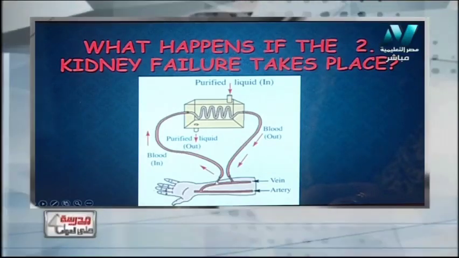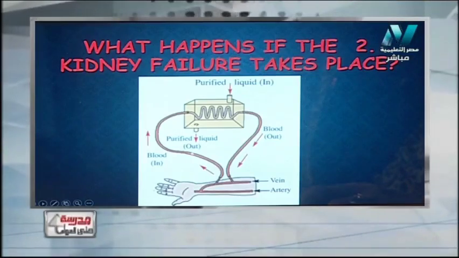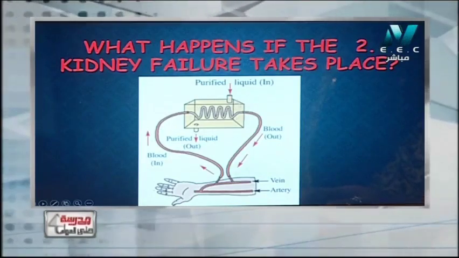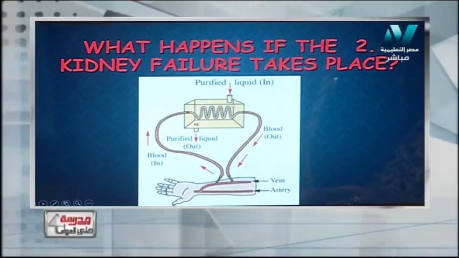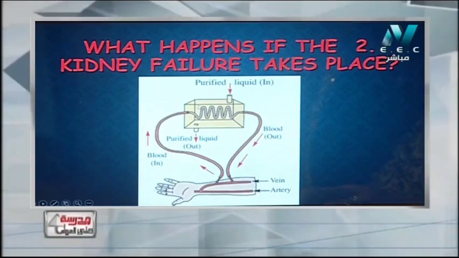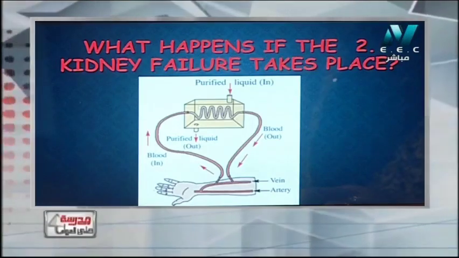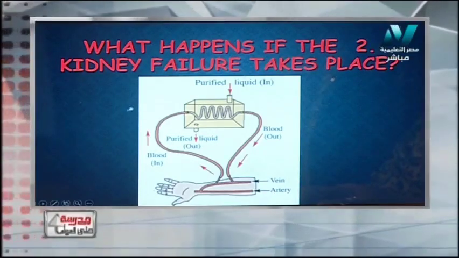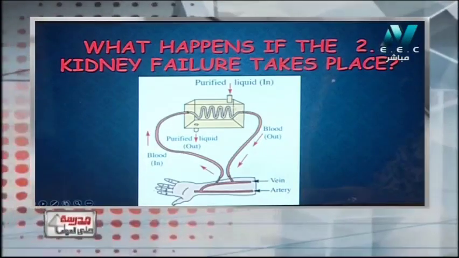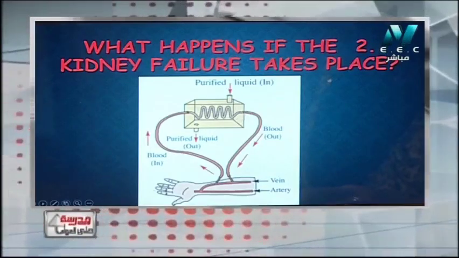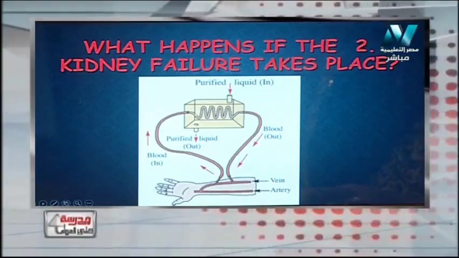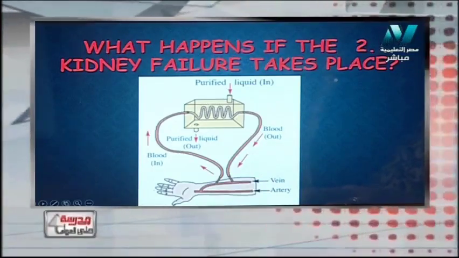Now, as you see, the blood comes out from the person through a tube which enters the device, and the device contains a valve containing a liquid, which has components like the plasma, the same percentage of water and salts and many other substances. So it resembles the plasma. And of course, this liquid is changed from time to time during the purification of the blood.